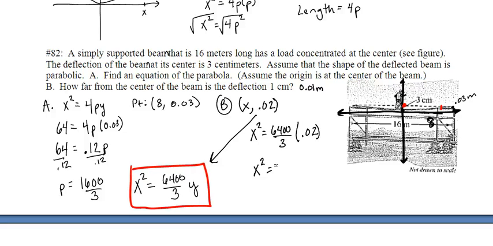Well, I want the square root of it, just x, so the square root of that value. x is approximately 6.532 meters, usually round to 3 decimals. And that makes sense. If the entire thing is 8, well, 6.5 seems pretty realistic. And that really could go in either direction, to the right or to the left.